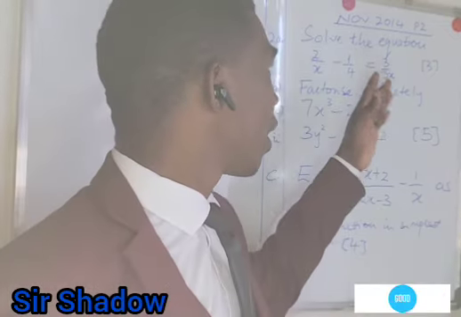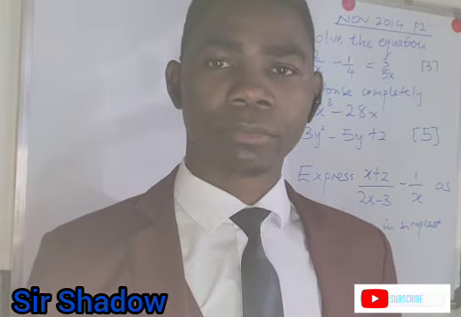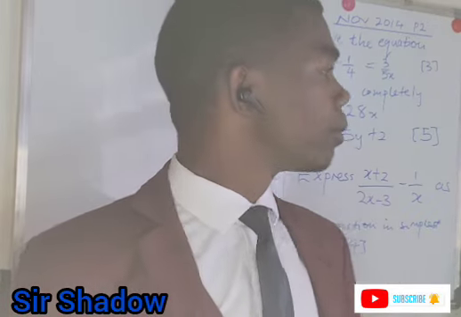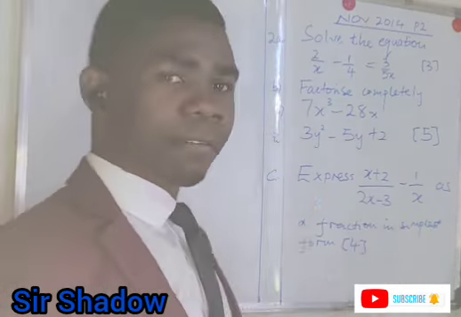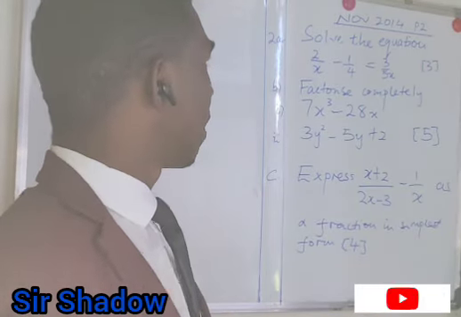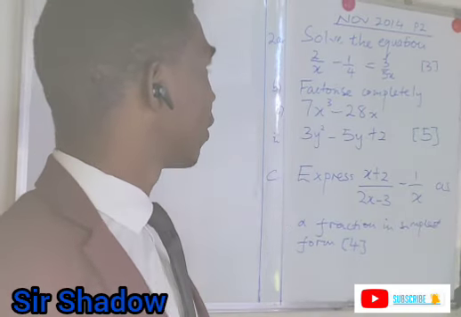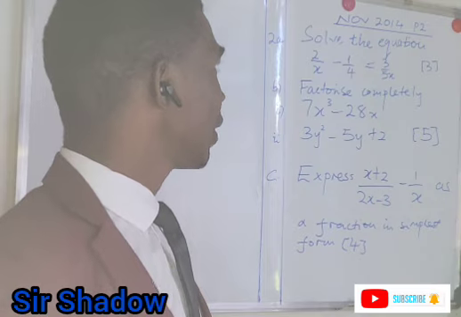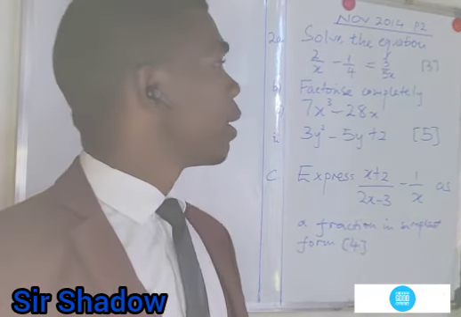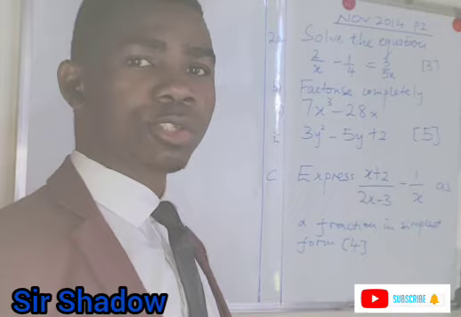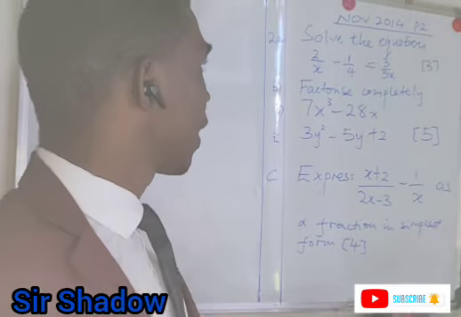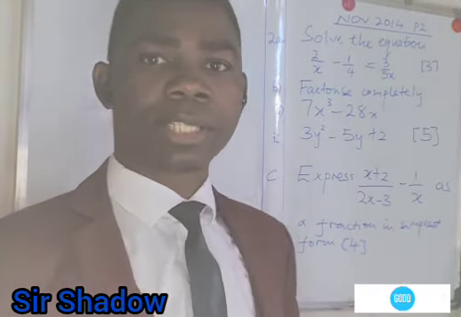So I want to attempt those questions. Alright, so we are given the first question. The first question reads, solve the equation 2 over x minus 1 over 4 is equal to 3 over 5x. Then 3 marks is awarded for that question.